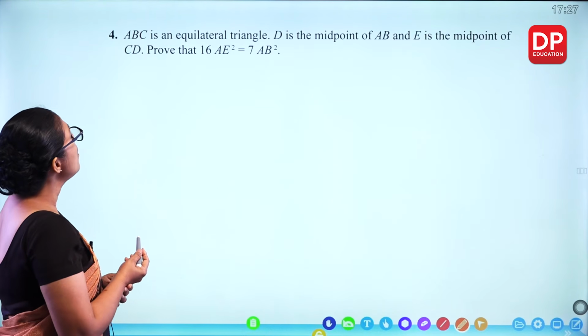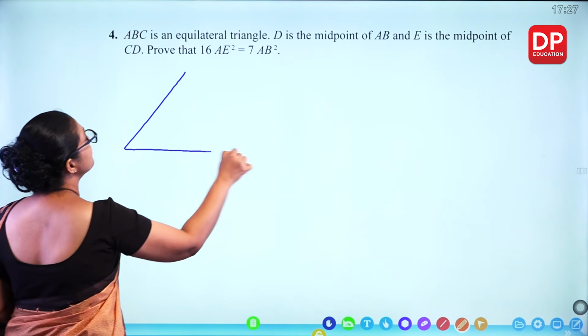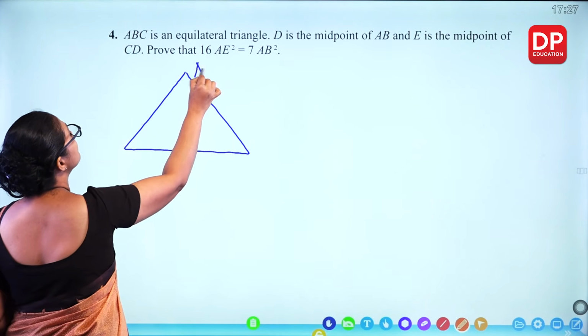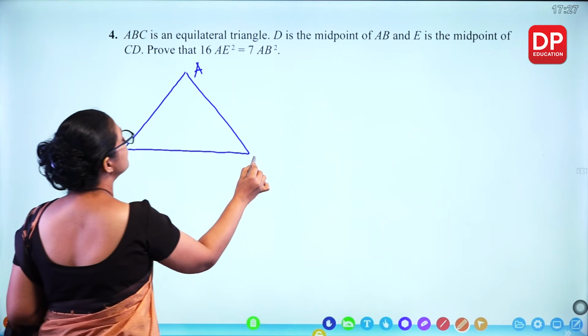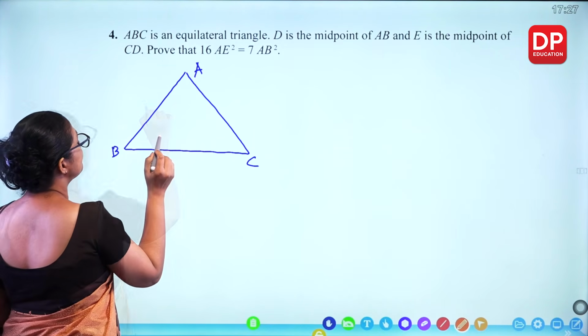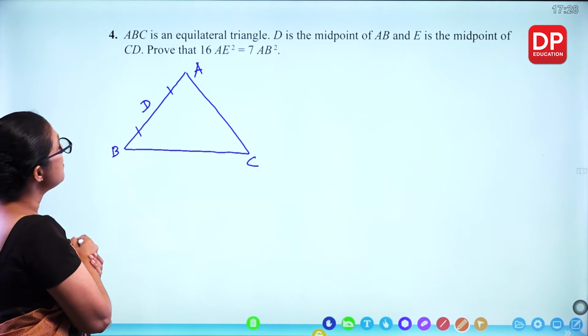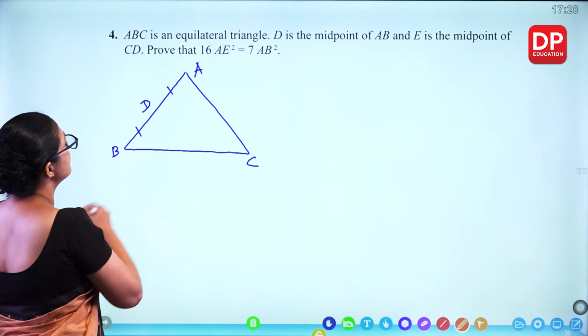Question number 4. ABC is an equilateral triangle. D is the midpoint of AB. E is the midpoint of CD.